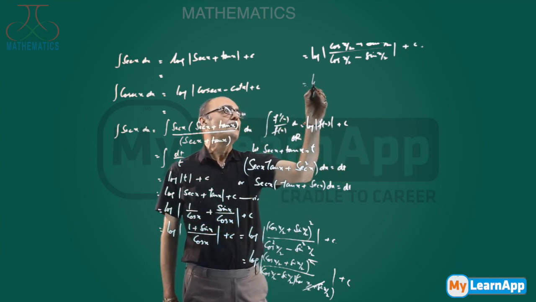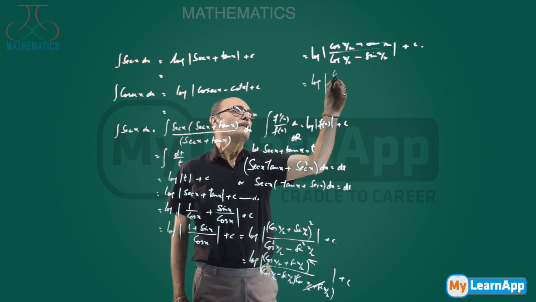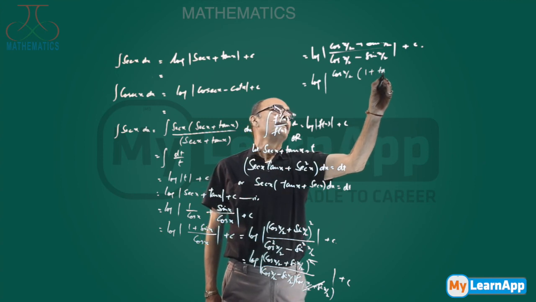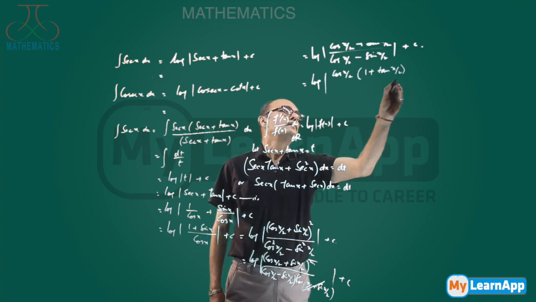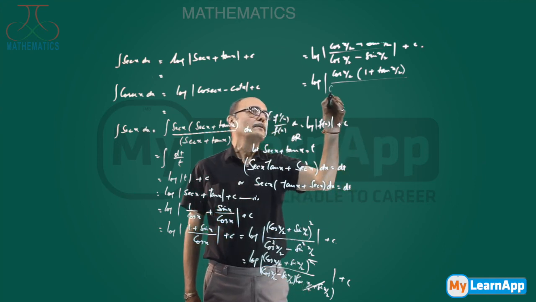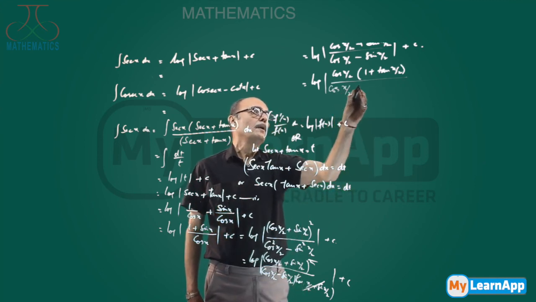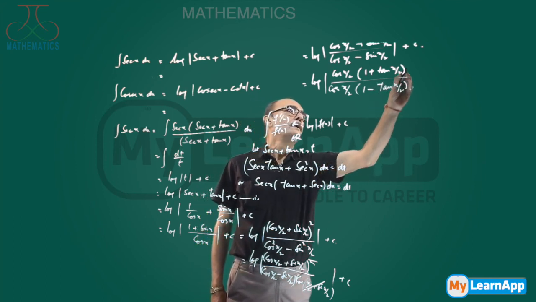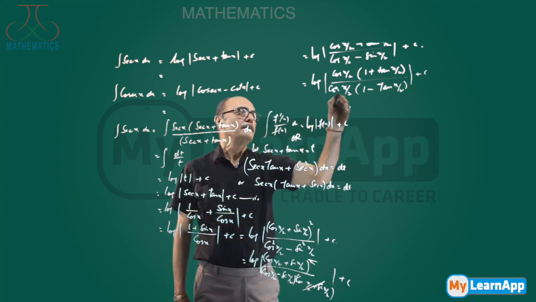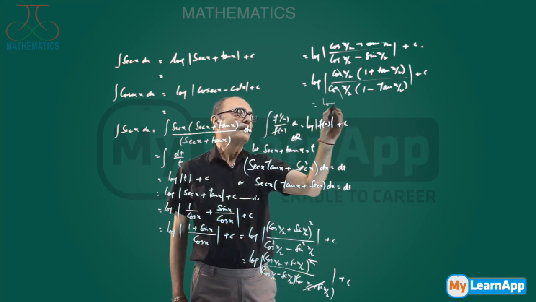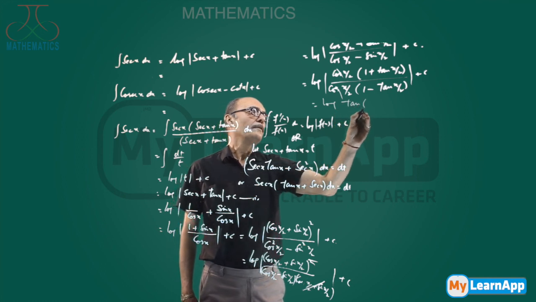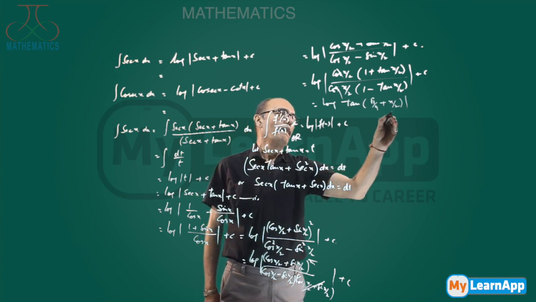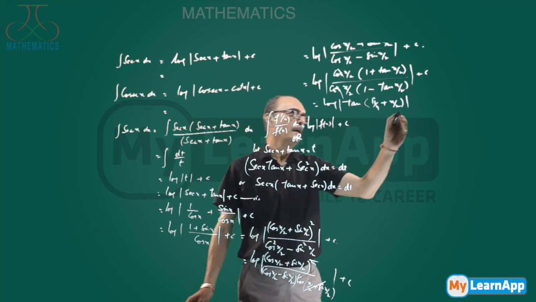Or log of, we take out cos of x by 2 common. So this will be 1 plus tan of x by 2 over, here also cos of x by 2 common, 1 minus tan of x by 2, plus c. This gets cancelled. We have log of tan of pi by 4 plus x by 2 plus c.